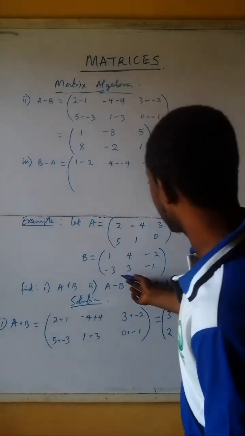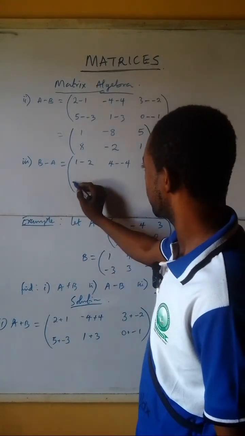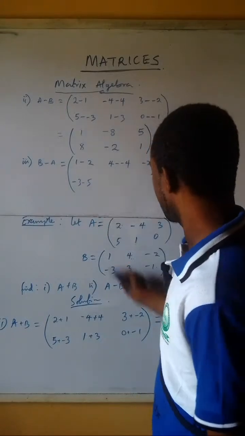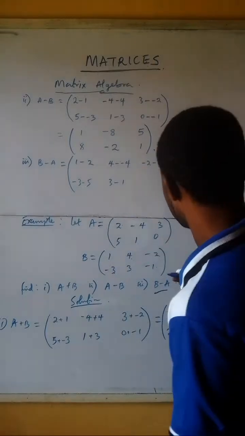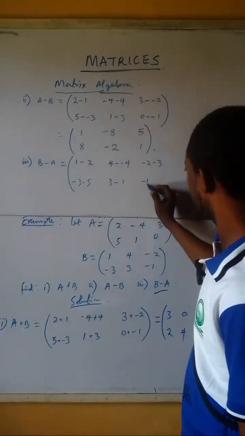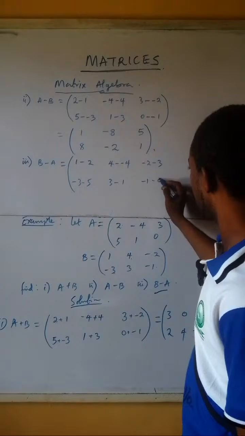The next line we have minus 3 minus 5, then 3 minus 1, then minus 1 minus 0.